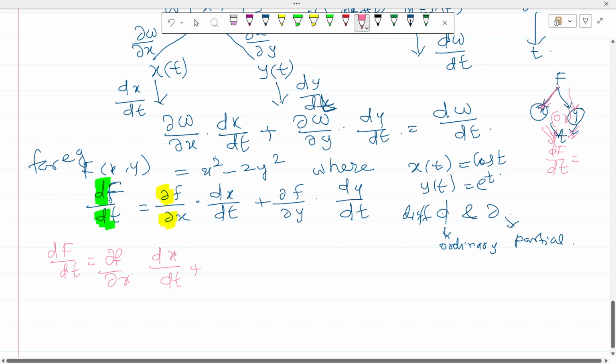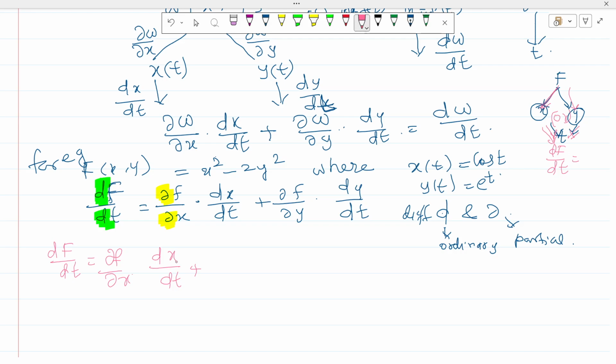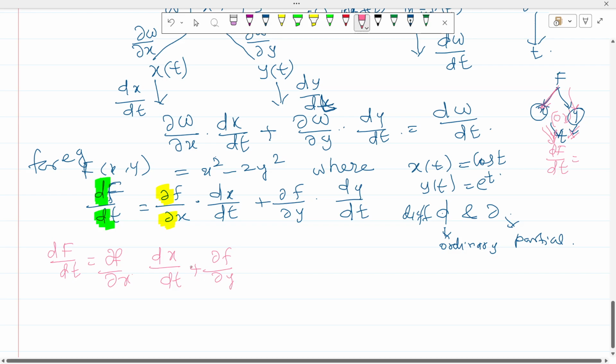Whenever you write x with respect to t, you have to write d, since x is a function of only one variable. Plus dou f by dou y into dy by dt.